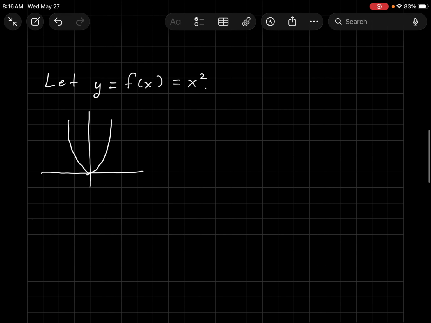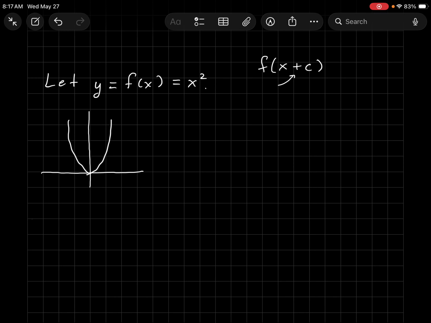So for now, we're going to start with a parabola again. We're going to change it just a bit, and we're going to look at the following transformation: x plus c. What happens when we add or subtract something to the x inside the parentheses?